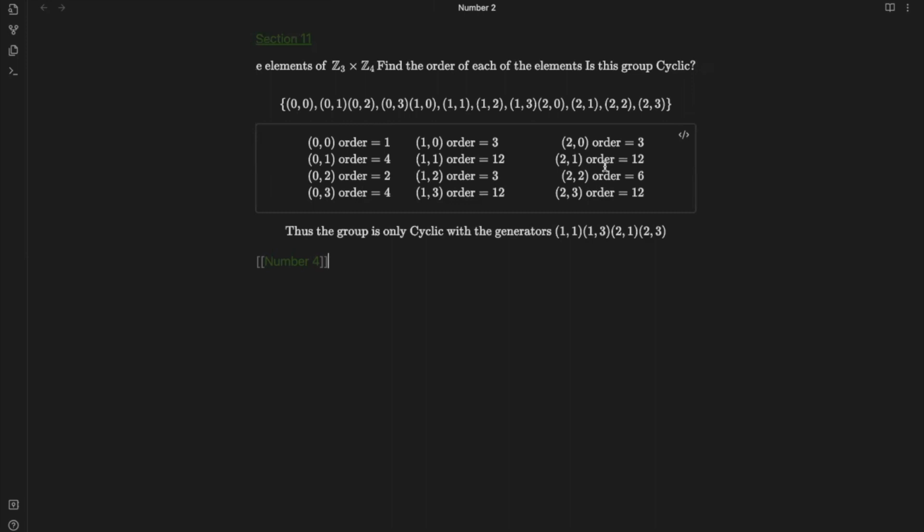A direct product of groups is cyclic if the order of the generator is equal to, in this case, 3 times 4, or generalized m times n. Thus, we can see that when the generators are (1,1), (1,3), (2,1), and (2,3), the order is 12. Thus, it is cyclic with those generators.